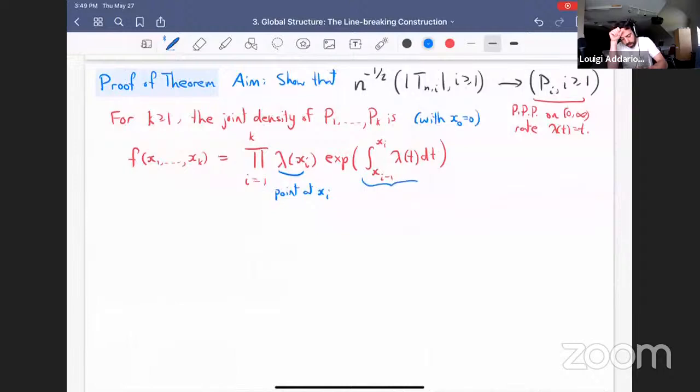And this exponential, with a minus sign, is enforcing that there are no points in (x_{i-1}, xi). And then, because these are supposed to be the ranked atoms in increasing order, we want that x1 is less than x2, and so on up to xk.